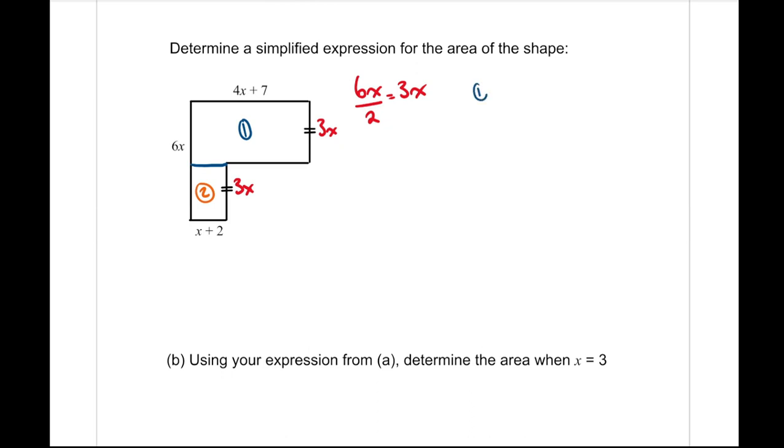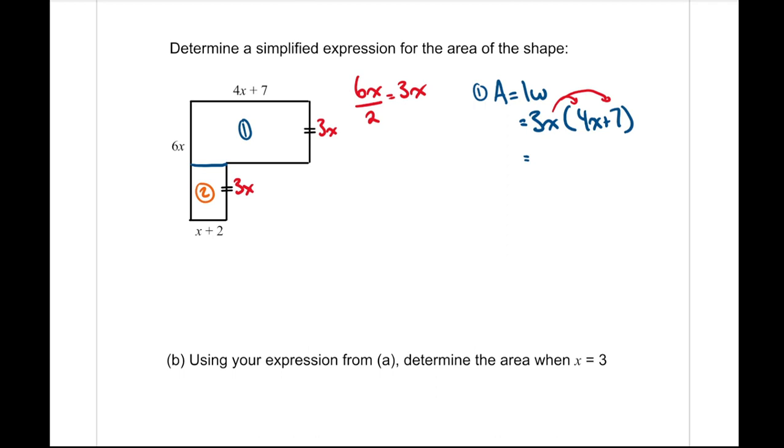So for area 1, again, we're only dealing with rectangles here, so length times width. So here we have 3x times (4x plus 7). You can use your distributive property, multiply the 3x through.